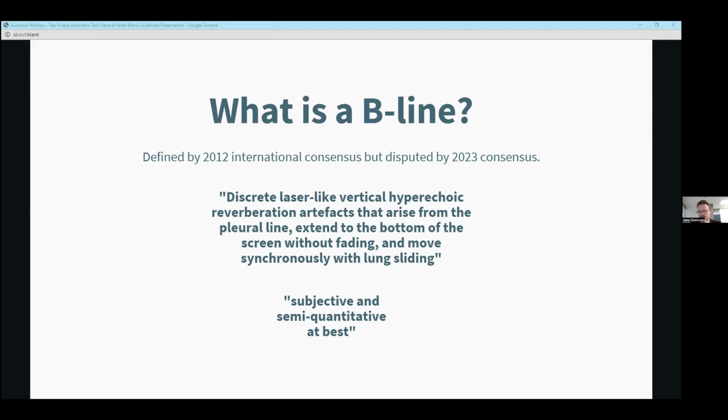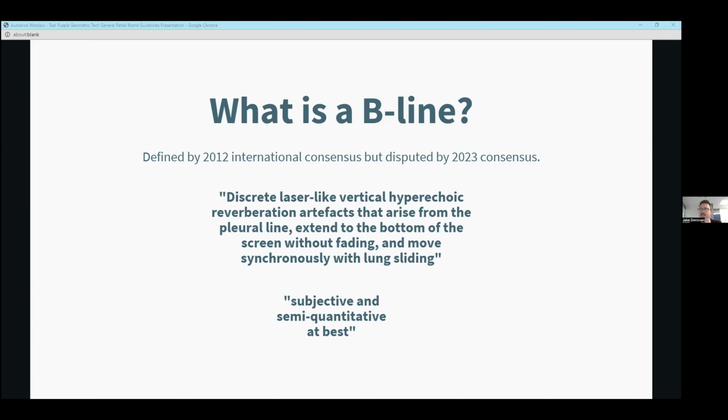I had somebody tell me that it had to be more than 16 centimeters depth to even tell if it was a B-line or not. But the official 2012 International Consensus on Lung Ultrasound defined it as a discrete laser-like vertical hyperechoic reverberation artifact that arises from the pleural line, extends to the bottom of the screen without fading, and moves synchronously with lung sliding.